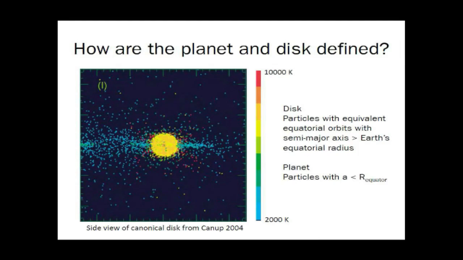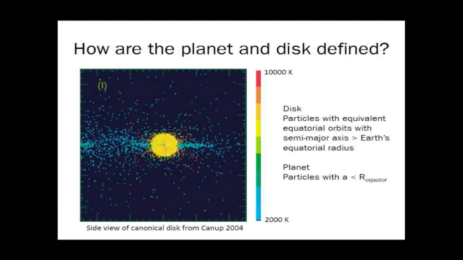The disk itself is defined by looking at the orbits of the particles around the Earth. This is a side view from the canonical paper defining the standard giant impact scenario. And these are, again, SPH particles, now with the color code of temperature to show you how hot the Earth is. This is showing the outer layers of the Earth, and it would be glowing as bright as the sun if you could look at it, if you could have seen what happened next.